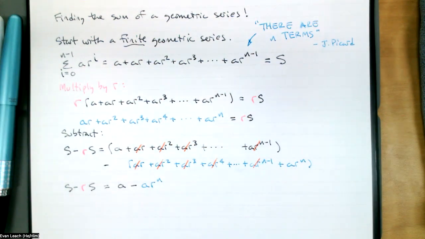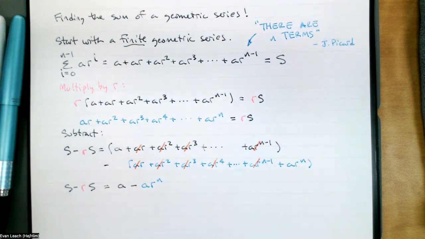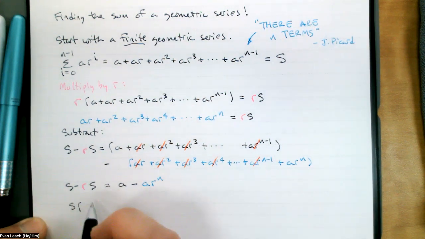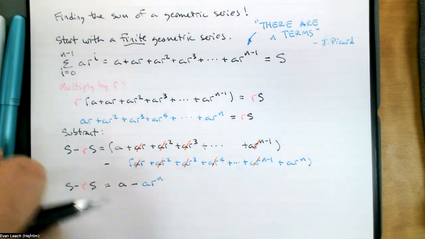Now we can see that we just need to solve for S. And here's where we can see that 1 minus r showing up as a denominator. So if we factor the S out of the left, we're left with S times 1 minus r.